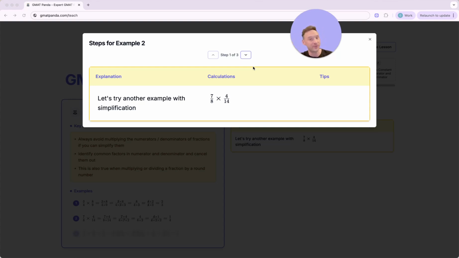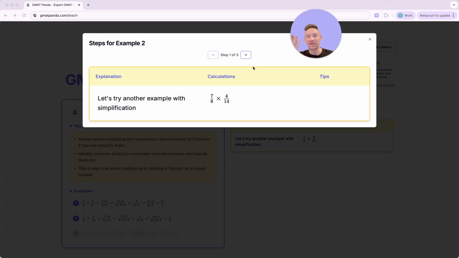So as a rule of thumb, you want to avoid more than 30 seconds of calculation on a particular step in the GMAT. And if it requires more than 30 seconds, then it means that there's another way. Either there is another method that you haven't seen, or there's a shortcut, a simplification that you're not spotting.